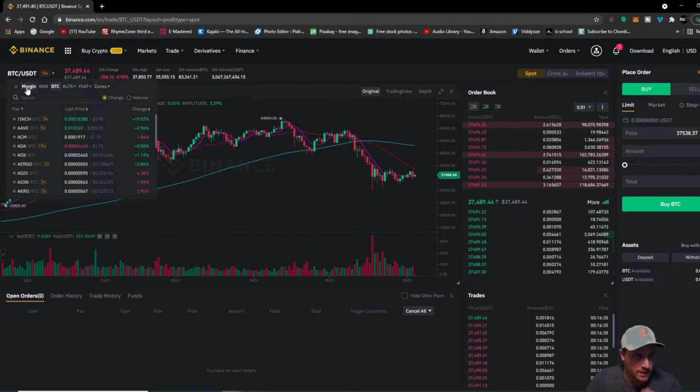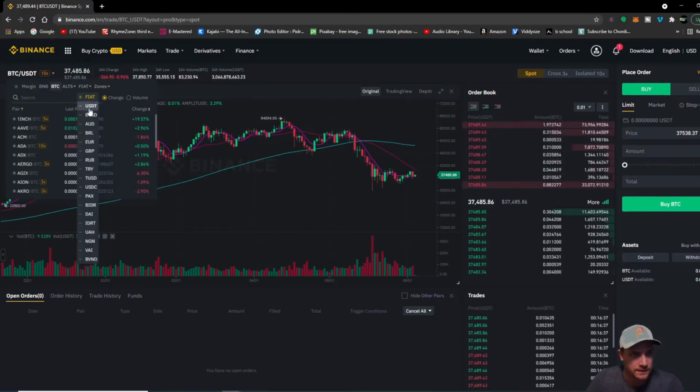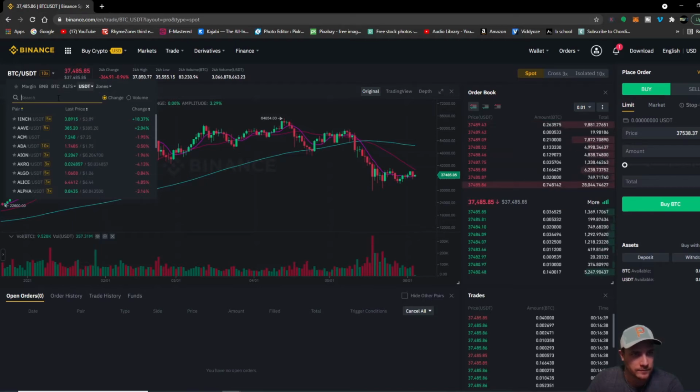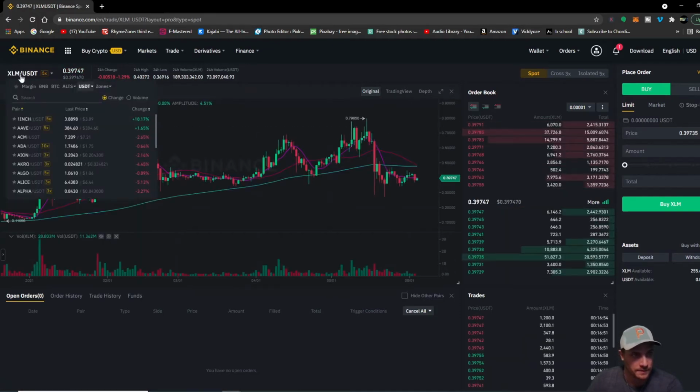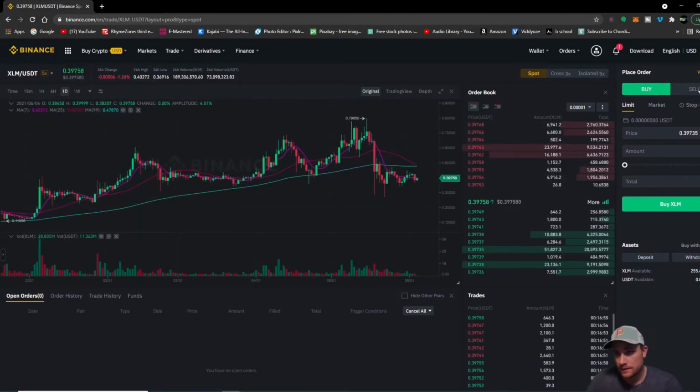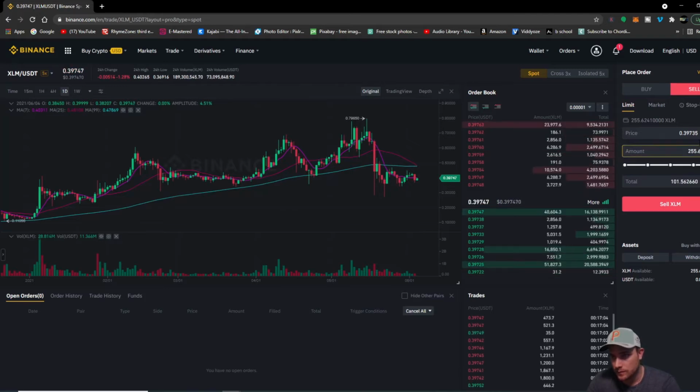So you're going to want to click on the fiat at the top, click on USDT, and then come to the search bar, type in XLM, and look for the XLM USD pairing. Click on it, make sure that it pulls up the XLM USD pairing. You're going to come over here and click on sell. You can see the 255 XLM that you have in here. Actually, let's go over the different types of orders.